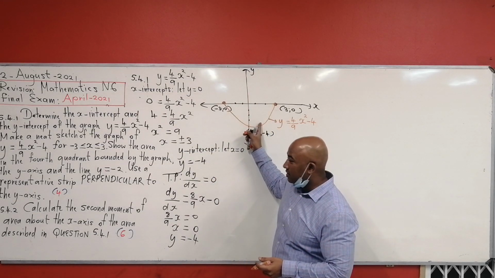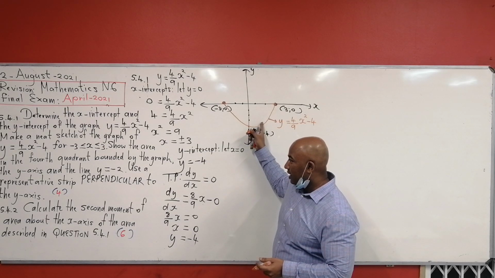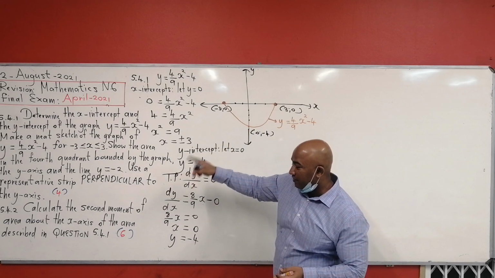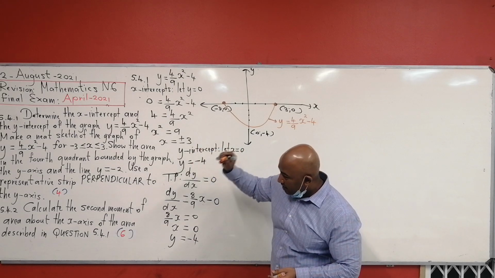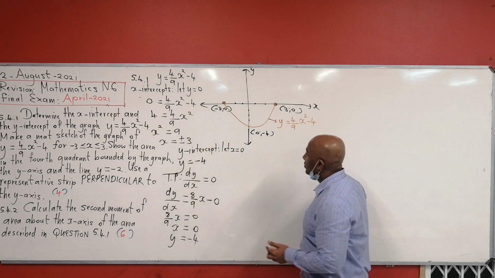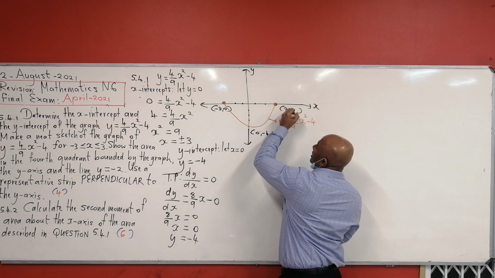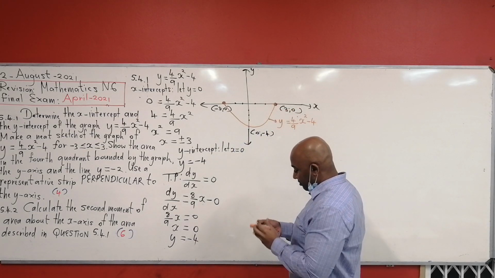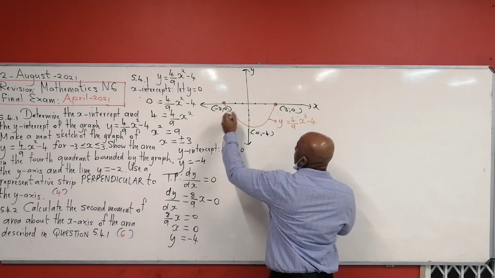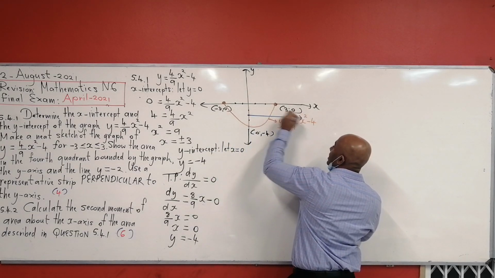This is the fourth quadrant. Show the area in the fourth quadrant bounded by the graph and the y-axis and the line y is equal to minus 2. So this is minus 4, minus 3, minus 2. So here is, just use a different color for that. So minus 2 is here.